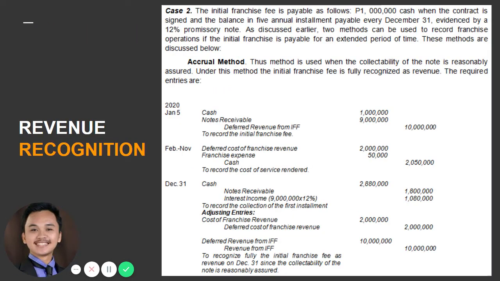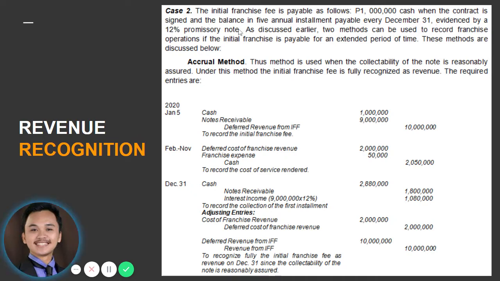Okay? Now, let's proceed to another case. So, how about if the initial franchise fee is payable in installment? Kung installment daw, there is 1 million down payment cash when the contract is signed and the balance in 5 annual installments payable every December 31, evidenced by a 12% promissory note.